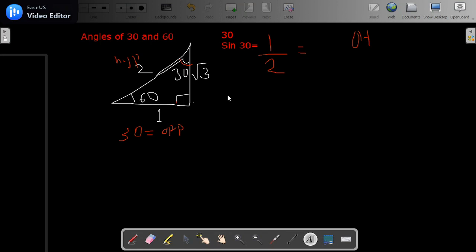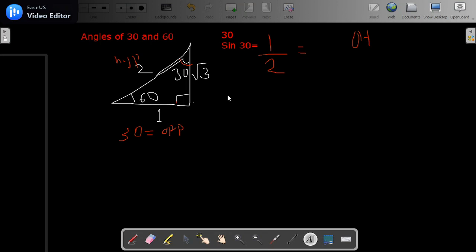Tan works with opposite over adjacent. The opposite for 30 degrees is 1, and the adjacent is root 3. Being able to derive that was actually amazing.